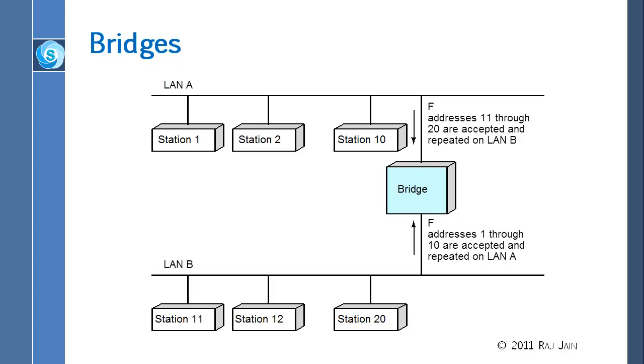Similarly, listening to the traffic and looking at the source address, it will know who is on the other side. When it sees a packet going to a station on that side, it will pick it up and send it over. So the bridges are called self-learning. Self-learning means they become smart just by looking at the traffic. You don't have to program them, telling them where the routes are.